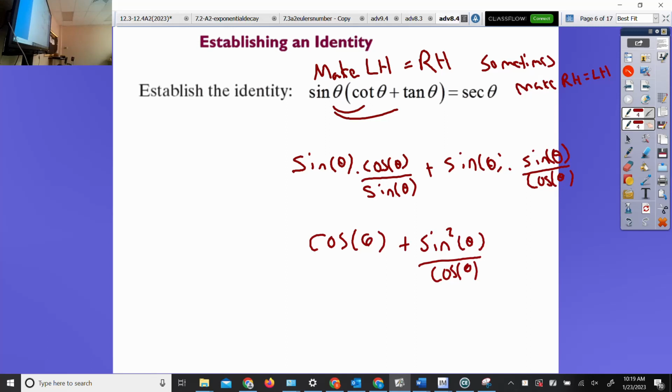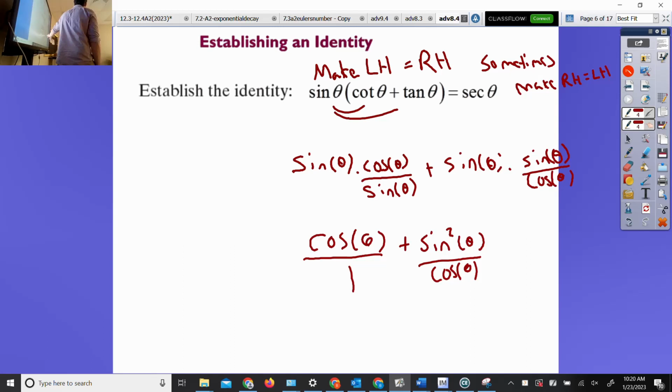Add two fractions together. You have two fractions there. Add them together, see what happens. What do you give this cosine? What do you give it?